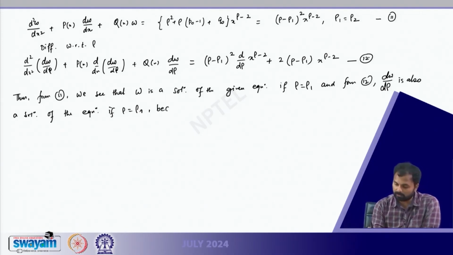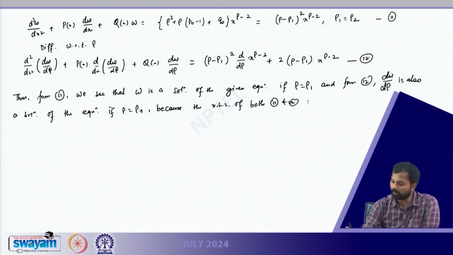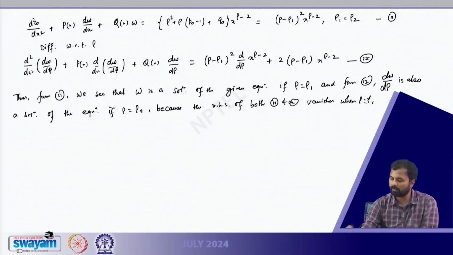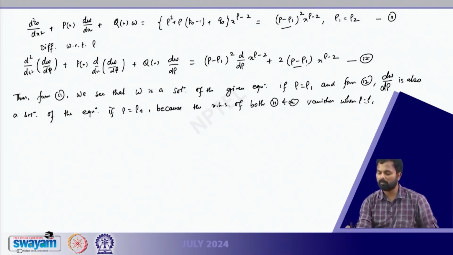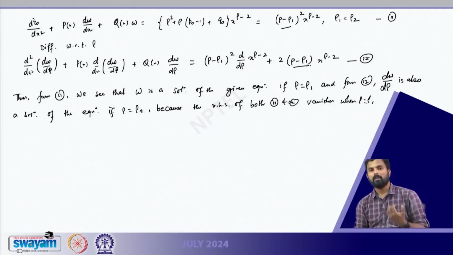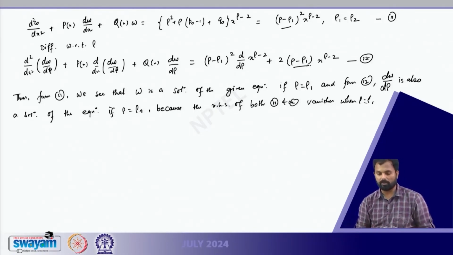Because the right hand side of both 11 and 12 vanishes when rho equals rho 1. Obviously, because if you put rho equals rho 1, then this will become 0 and this one will become 0, because rho 1 and rho 2 are same actually.